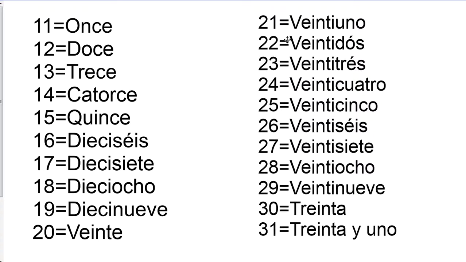In the 20s, we've got veintiuno, veintidós with an accent, veintitrés with an accent, veinticuatro, veinticinco, veintiséis with an accent, veintisiete, veintiocho, veintinueve, treinta. And then it starts going into three words, treinta y uno, and from here on out we have three words the rest of the route. But 11 through 20 and 21 through 30 are combinations of words.